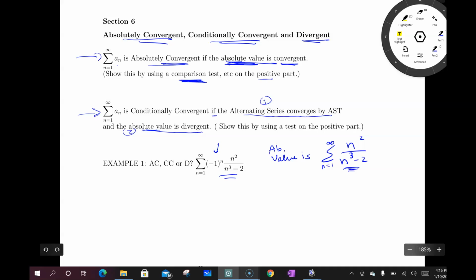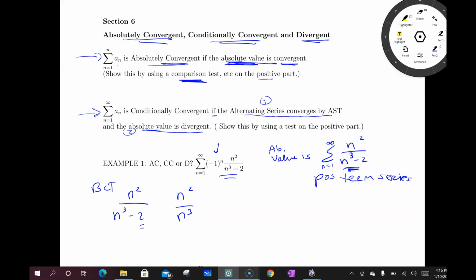The (-1)^n is what's making it negative. So this is the absolute value. Let's go check to see if this is a positive term series. I'm allowed to use all of my old comparison tests, and I think this would be a great one to use a basic comparison test on. So I have n squared over n cubed minus 2. Pulling off a number, I'm looking to see which one is smaller.